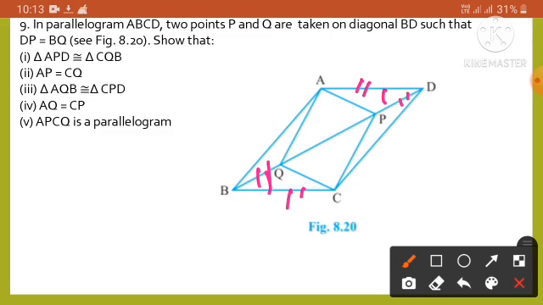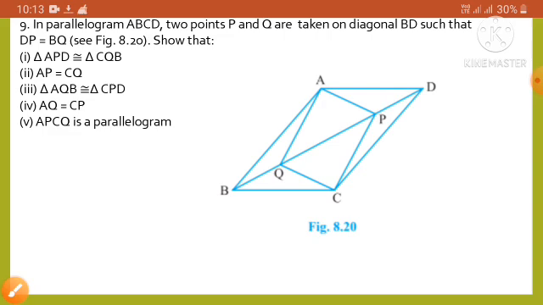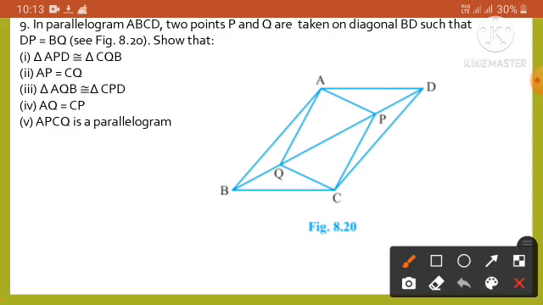So easily you can say by the SAS congruence rule that triangle APD is congruent to triangle CQB. So this is the first part. Now since triangle APD is congruent to triangle CQB, by the CPCT rule we can easily say that AP equals CQ.